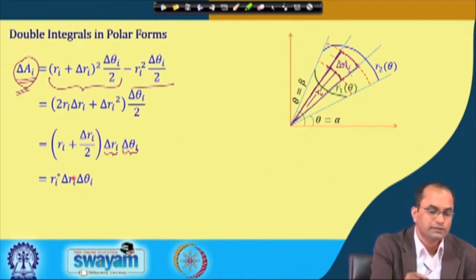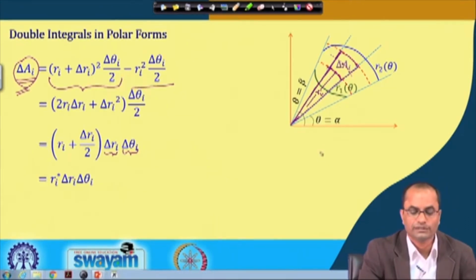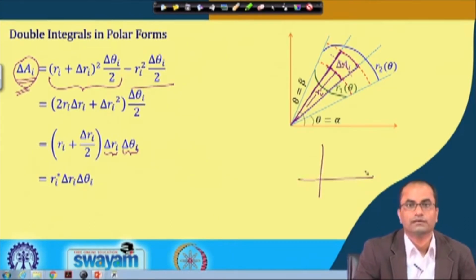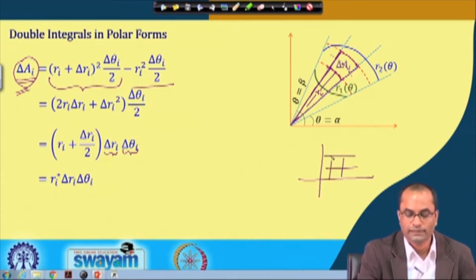This is a little different from what we have in the Cartesian case. When we did the same thing for the Cartesian one, we were getting the increment in this direction by delta x and in this direction by delta y, and then the area becomes just delta x delta y.